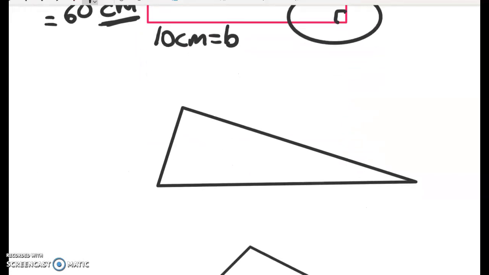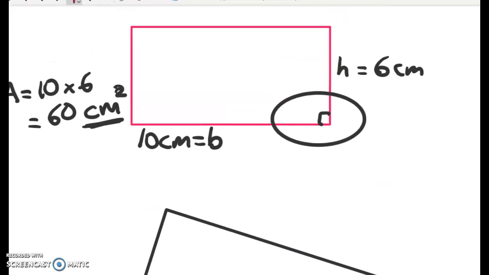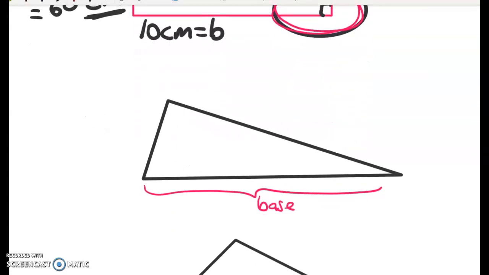Okay, let's look at triangles now. So when we've got a triangle, we're going to call this here the base. Now what about the height? Well, we saw when we did the rectangle that the height gave us a right angle with the base and went up to the top of the shape. And we're going to use that idea for our triangle.